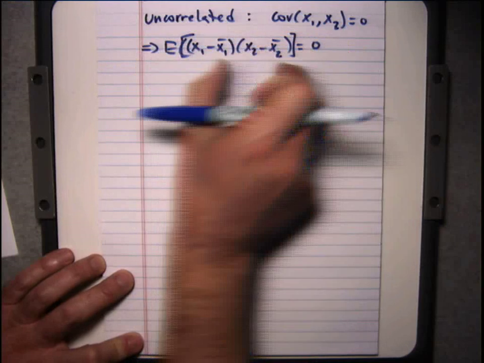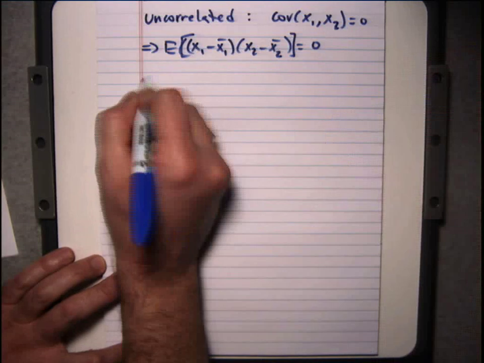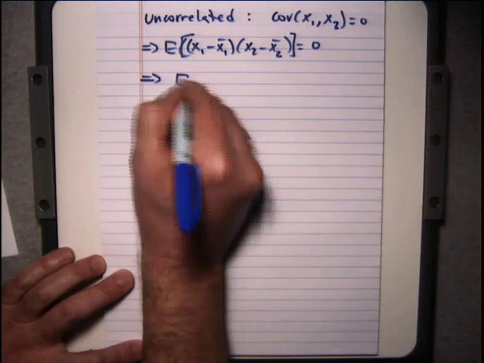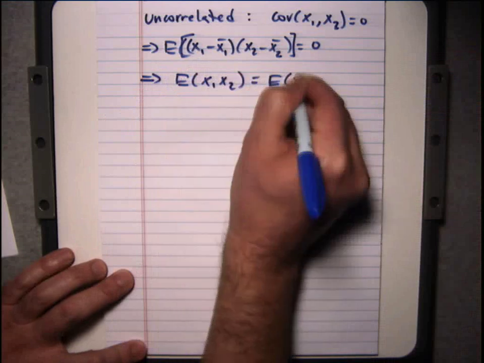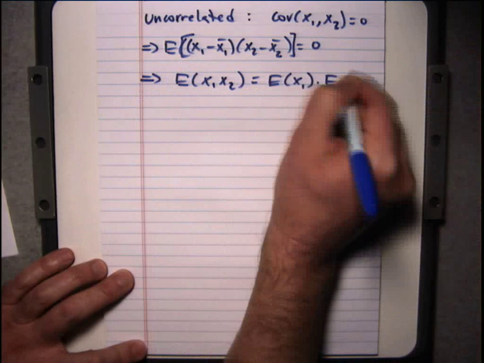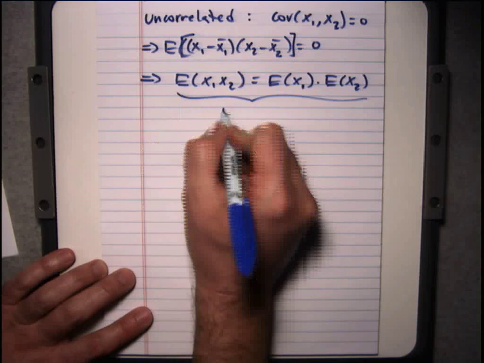And if you just multiply these and simplify things out, what you get is that this means the expected value of x1 times x2 is the expected value of x1 times the expected value of x2. Okay, this is what uncorrelated means.